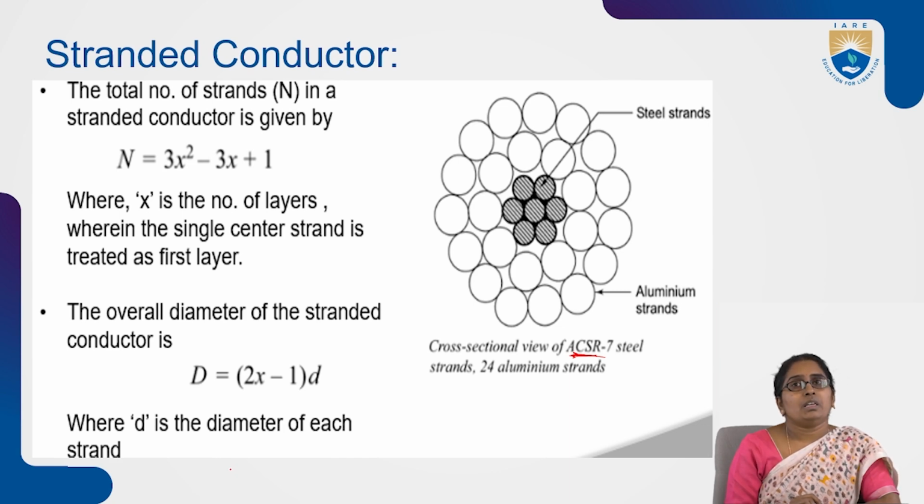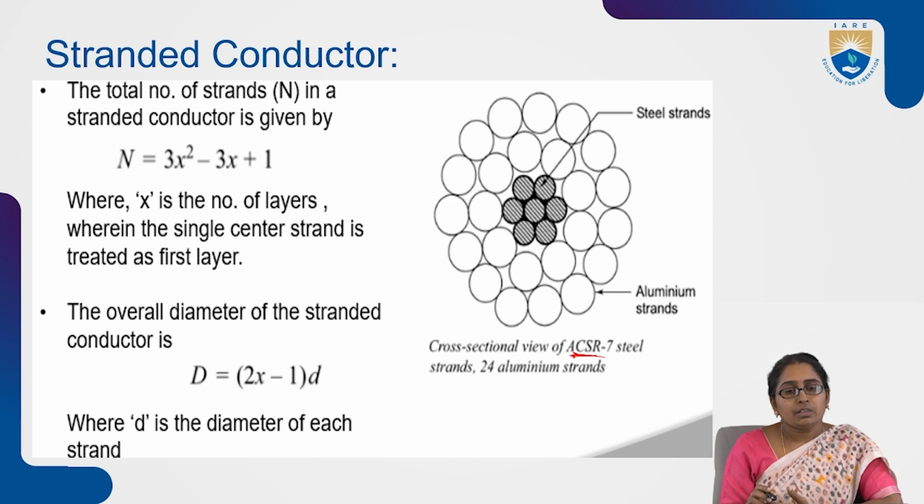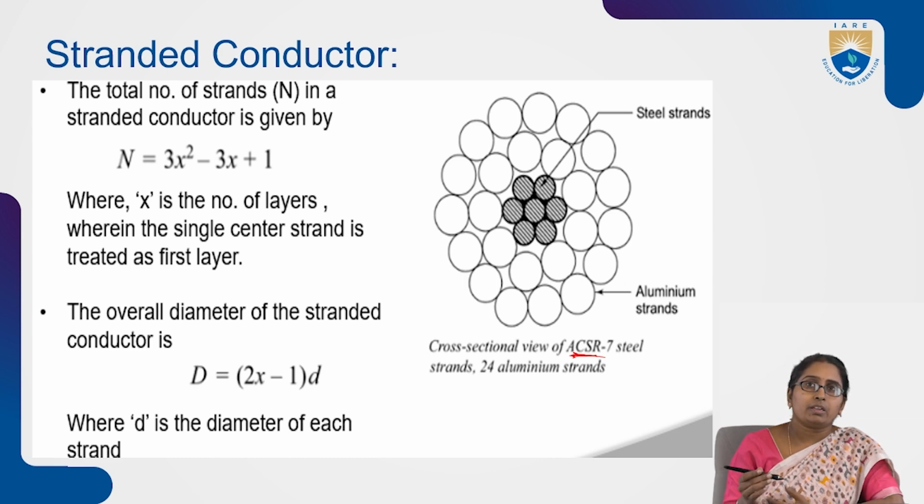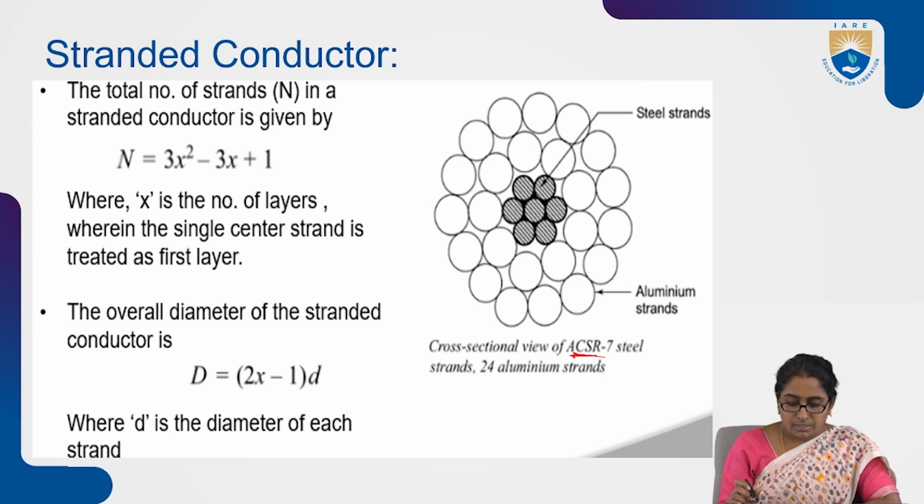Each strand has the same diameter. So this is how, for a standard conductor, the total number of strands and the overall diameter are calculated. Okay, that's all for now.